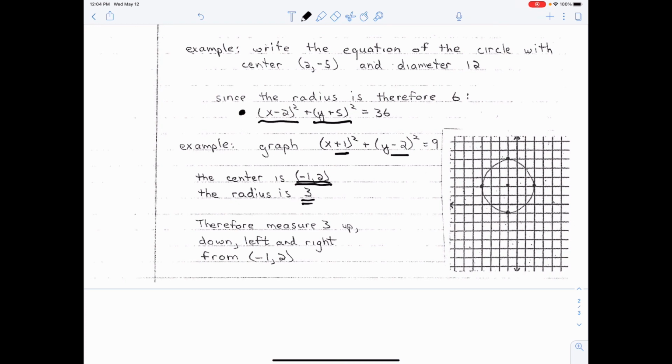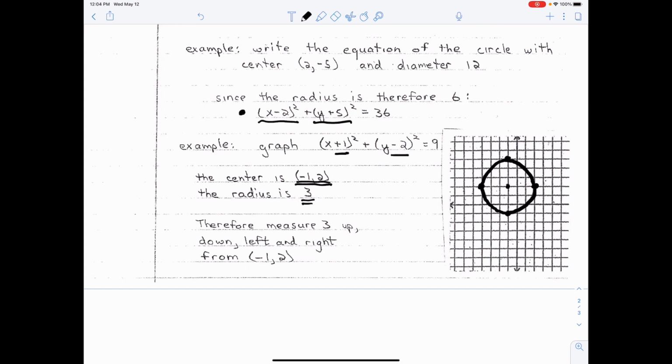So as opposed to graphing the circle at 0, 0, center, and then shifting it, I'm just going to have the center here at -1, 2, and then go out 3 in each direction, and then draw the circle. And again, just draw it as best you can.